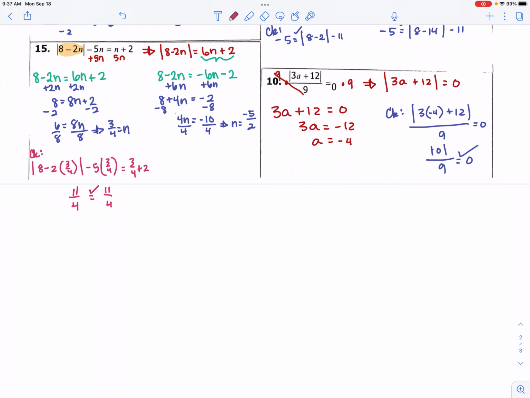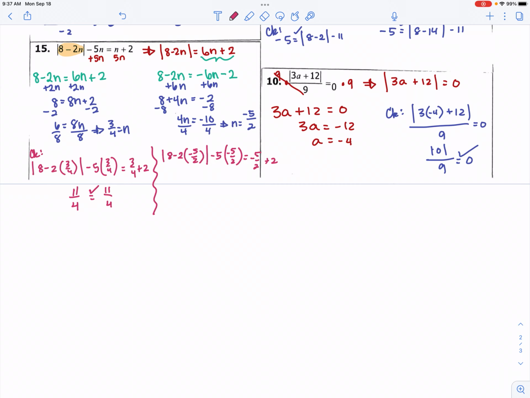When I try the other side, absolute value of 8 minus 2 times negative 5 halves, and then minus 5 times negative 5 halves. Does that equal negative 5 halves plus 2?